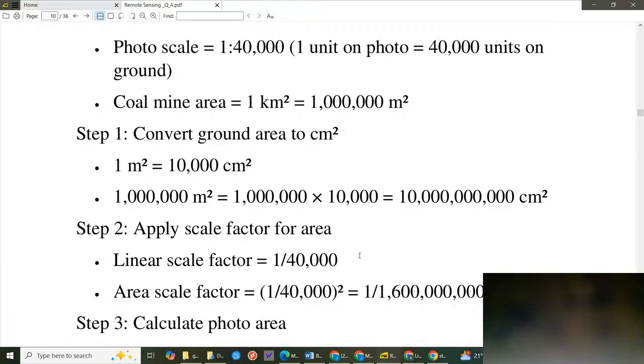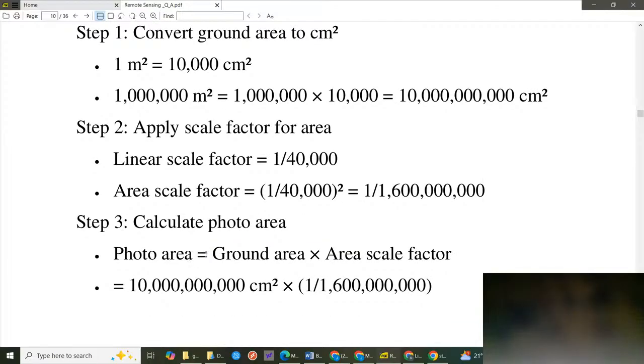After that, apply the scale factor for area. The linear scale factor is 1 upon 40,000. The area scale factor is 1 upon 40,000 squared. Then calculate the photo area. Photo area is the ground area multiplied by the area scale factor.